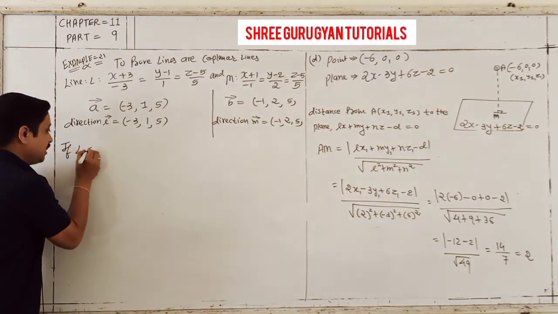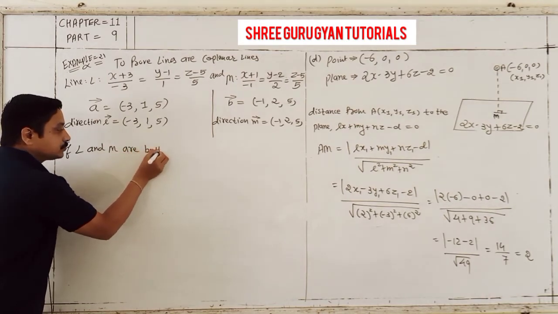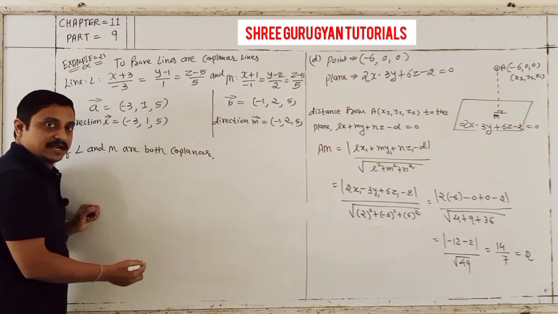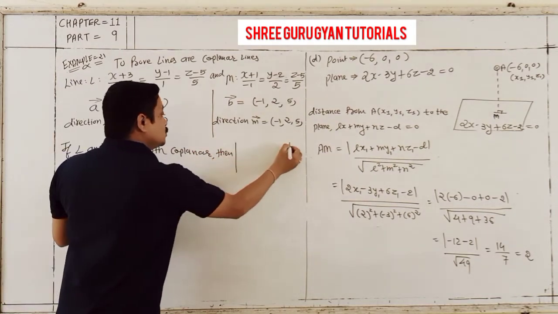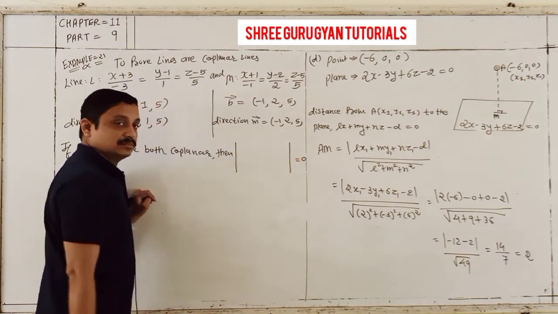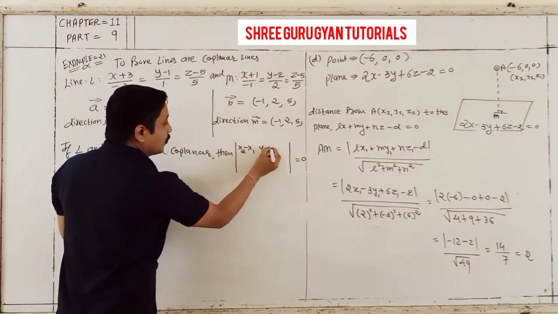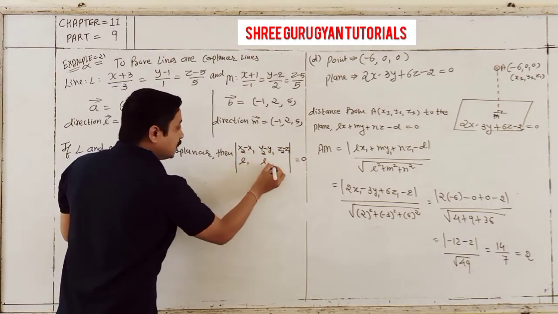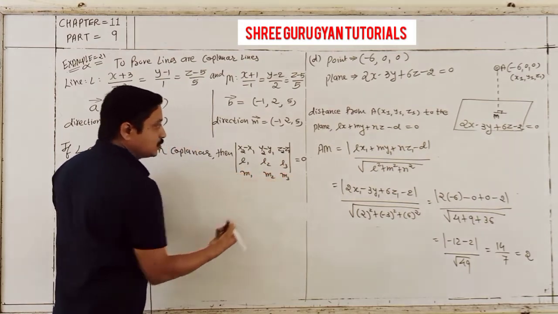If L and M are both coplanar, then we necessarily prove this value is equal to 0: the determinant with rows x2 minus x1, y2 minus y1, z2 minus z1; l1, l2, l3; and m1, m2, m3.